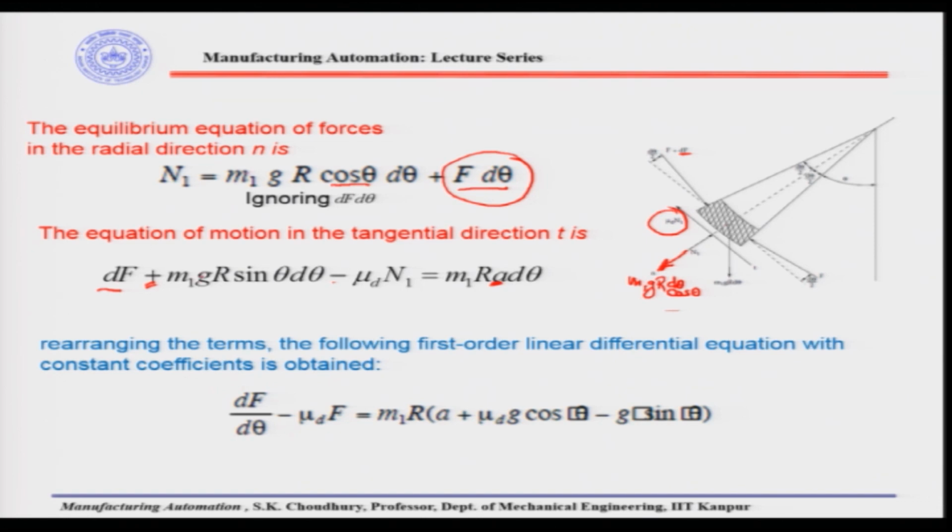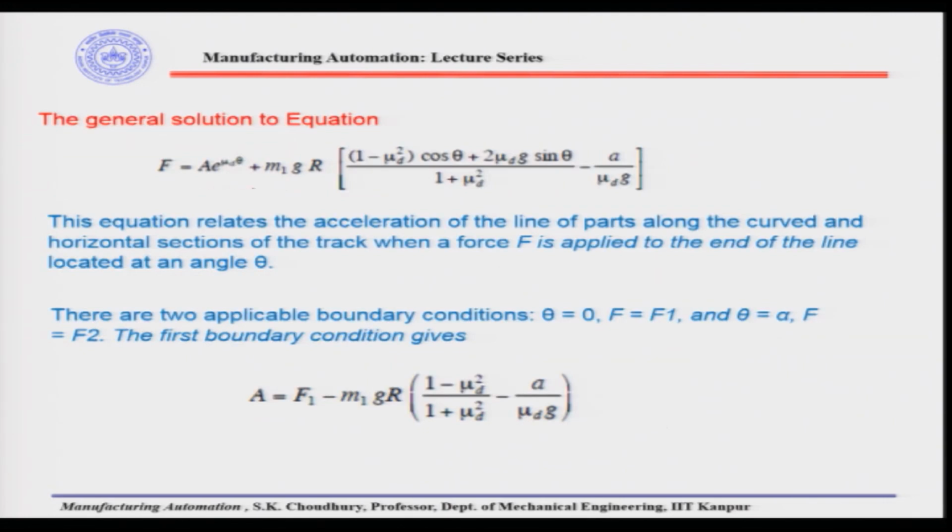So, we are rearranging these two, and we are finding that this is dF by d theta minus mu d and the F is equal to m1 r acceleration plus mu d g cos theta minus g sin theta. Okay. The general solution of this equation, if you take this, it will be something like this, all right. So, this is the general solution, this is given in the mathematics, the mathematician can find out.